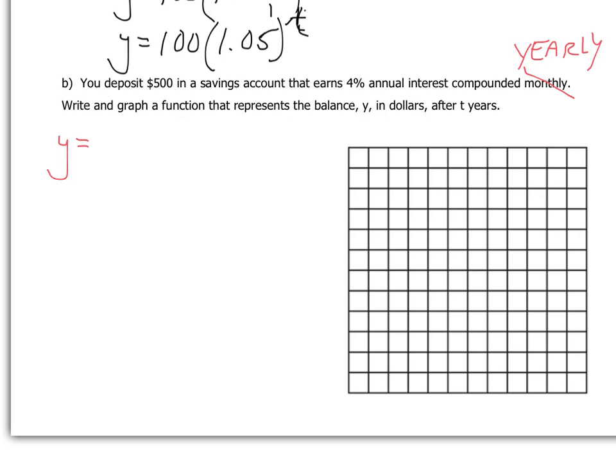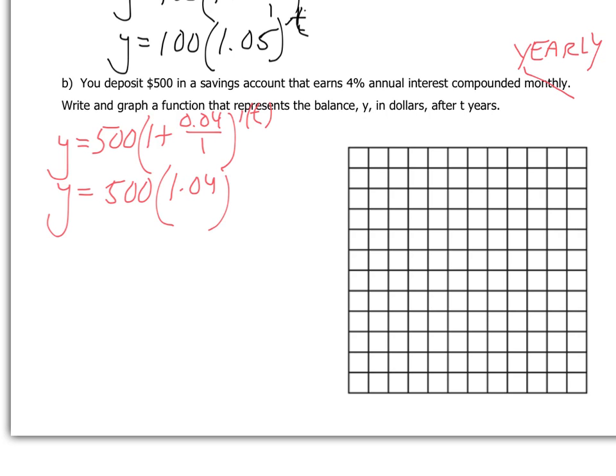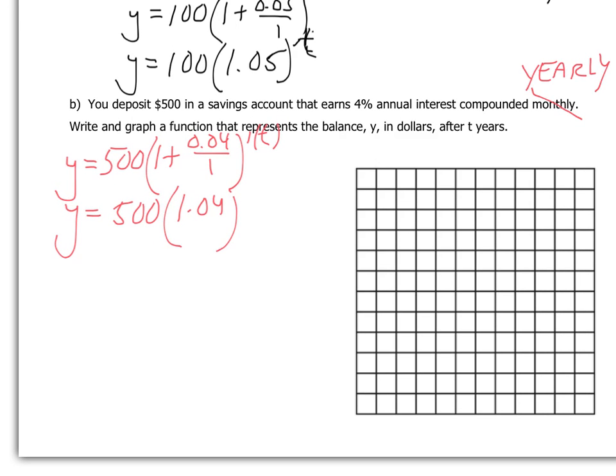We have y equals our principal, or initial deposit, is 500. We have the 1 plus the 0.04 for the interest as a decimal, and we are still compounding 1 time a year, 1 times t years, and again that would give us the model of y equals 500 times 1.04 to the t power.